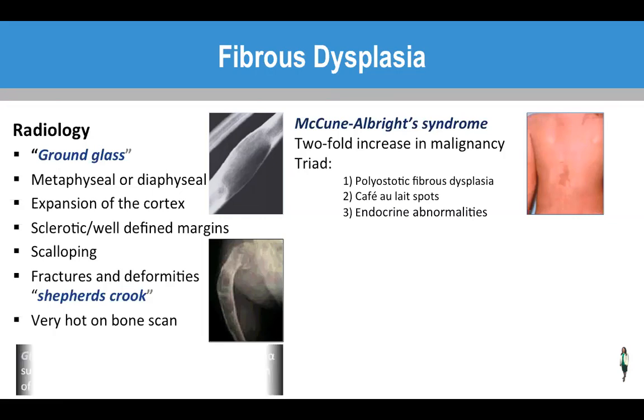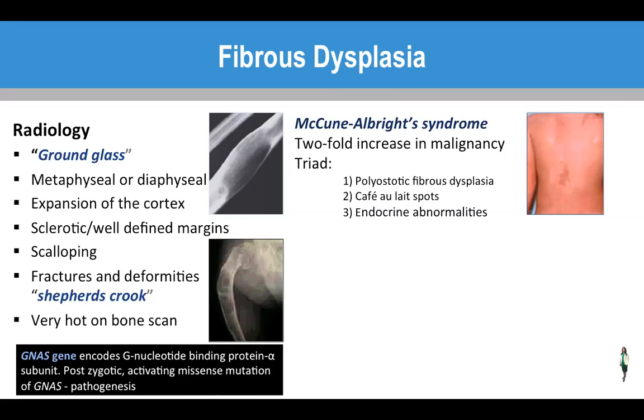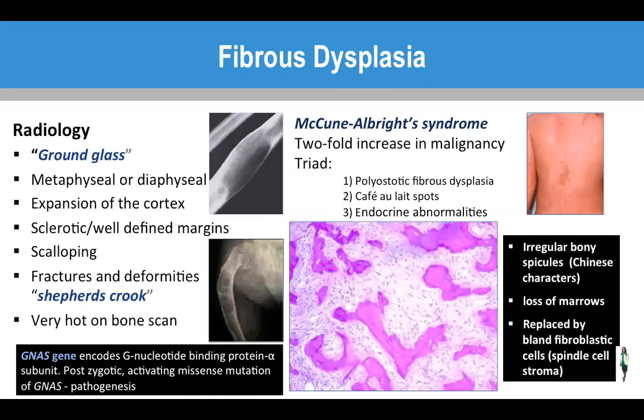If they send a biopsy to the pathologist, what we will see is this. Under the microscope, it has these irregular bone spicules. In textbooks, it's described as Chinese characters. See, the marrow within the bone is all lost, replaced by bland fibroblastic cells.